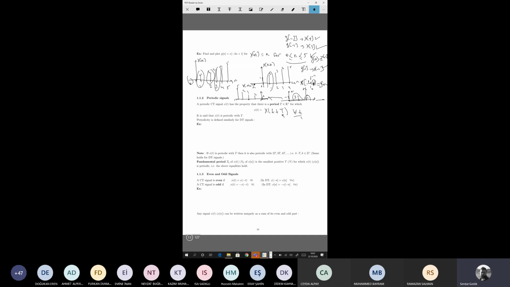Well, you can also define periodicity for discrete time signals. They have a similar idea. x of n is equal to x of n plus capital N, again for all n. So this means for all possible n values. But here now we have an additional constraint. Capital N must be a positive integer.